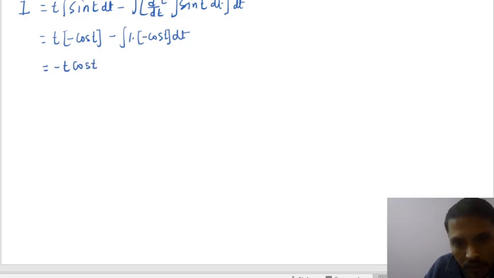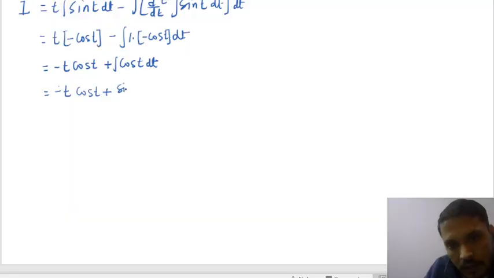This first part is done. Now this minus will come outside, and minus minus becomes plus, so we have just the integration of cos t dt. Now we can write our answer: minus t cos t, and the integration of cos is sin t, and at last plus c.